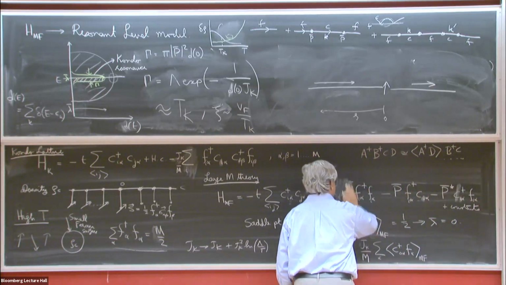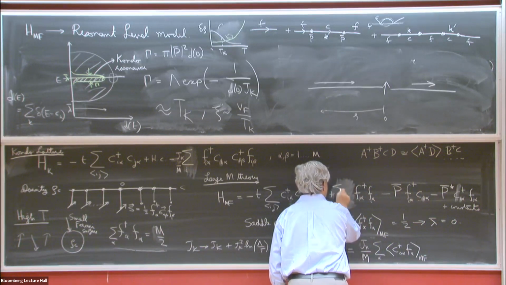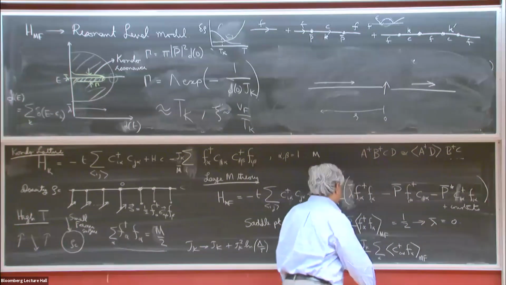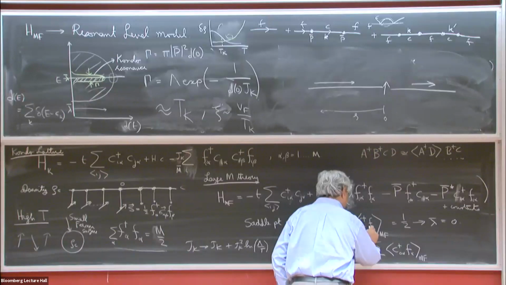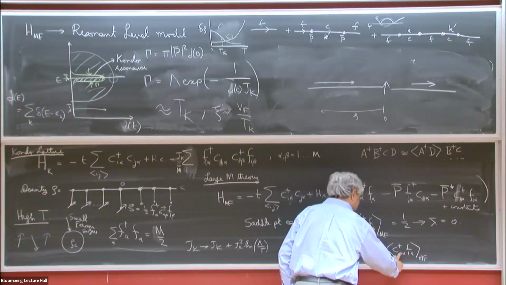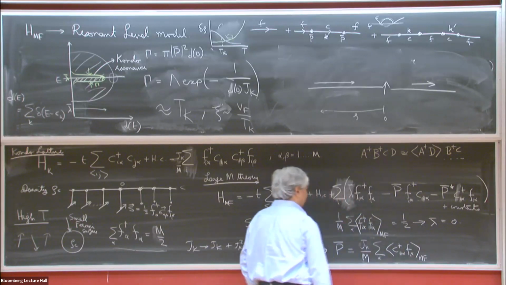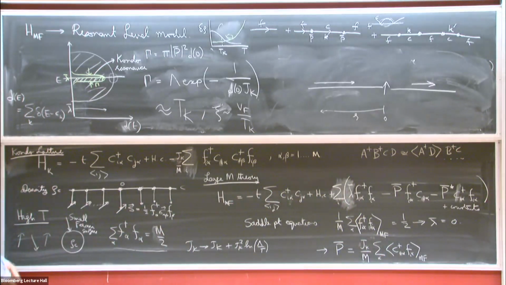Let me write it like this. This is still true. You take any site here, with no sum on i. And this is also true. Take the local expectation value, and this is p bar. That's it. Just by changing a few indices, it's exactly the same large N theory.